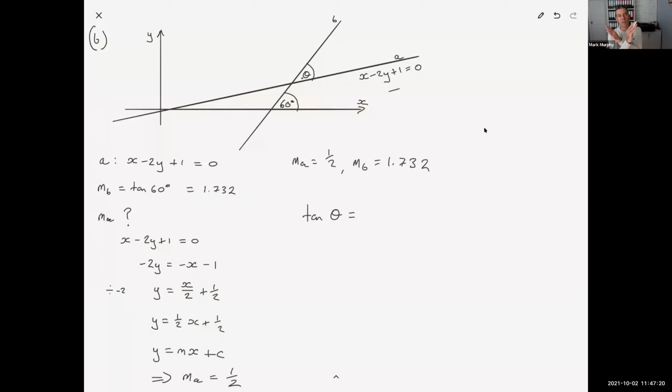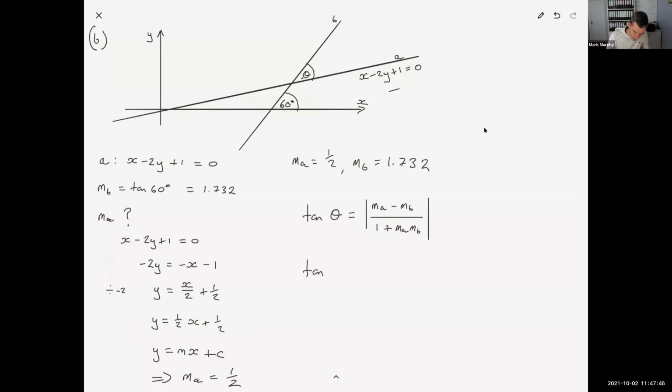The acute angle between the two lines given the slopes is equal to M of A minus M of B all over 1 plus MA times MB. Okay, and in the other formula it was M1 and M2, M1 minus M2 all over 1 plus M1 times M2. It's the same thing here, right? They're just numbers. So let's fill that in.